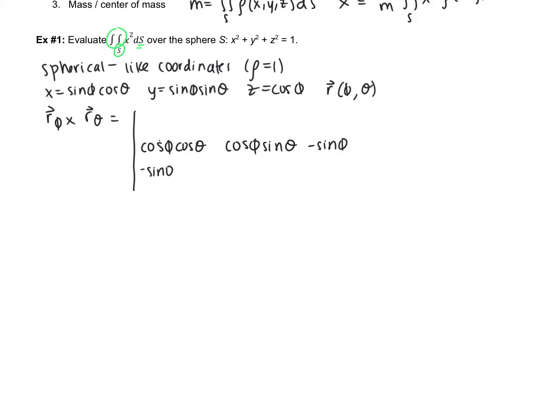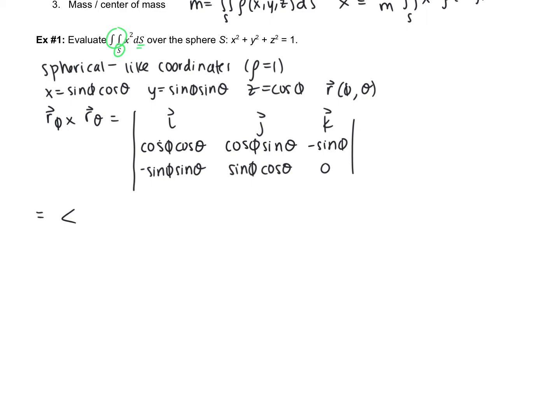So I get negative sine of phi sine of theta, sine of phi cosine of theta, and 0. And then up here we have i, j, k. Okay, so this one is going to be a bit of a doozy. Remember, ignore first row, first column. We're going to cross, subtract cross, and keep going.